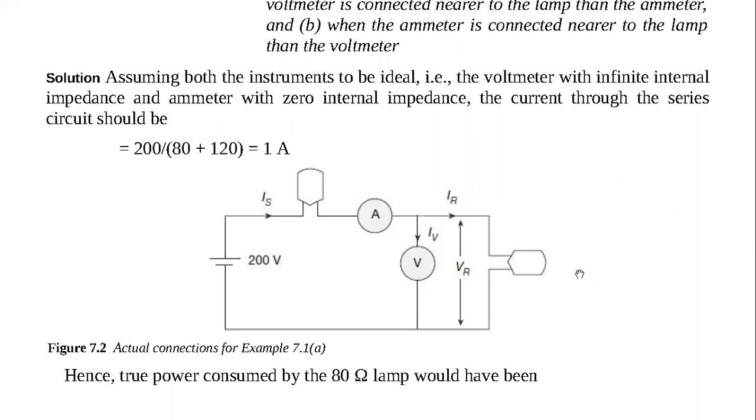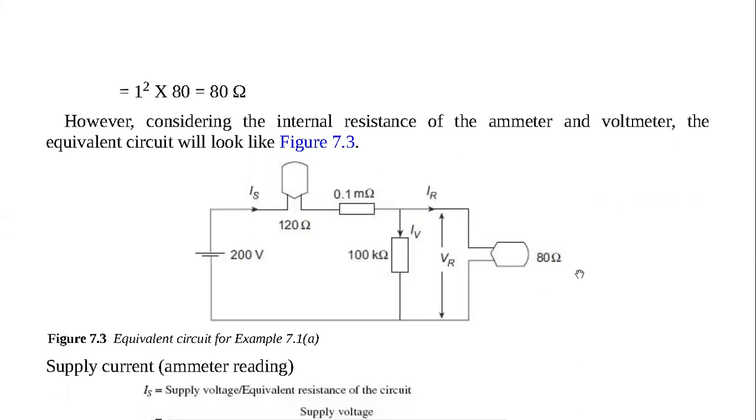So this will be 1 squared times 80, which will be 80 watts. Then for the other one, I squared R will be 1 squared times 120. However, that was assuming these instruments are ideal, that they don't have any resistance. So that was the calculation as per the assumption.